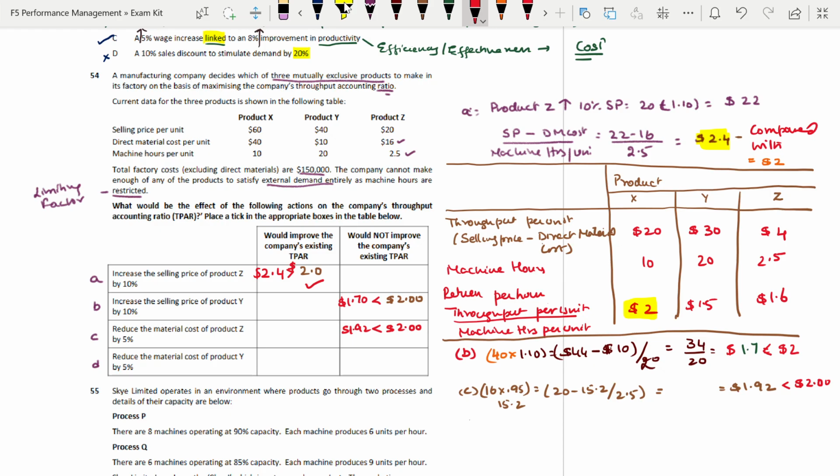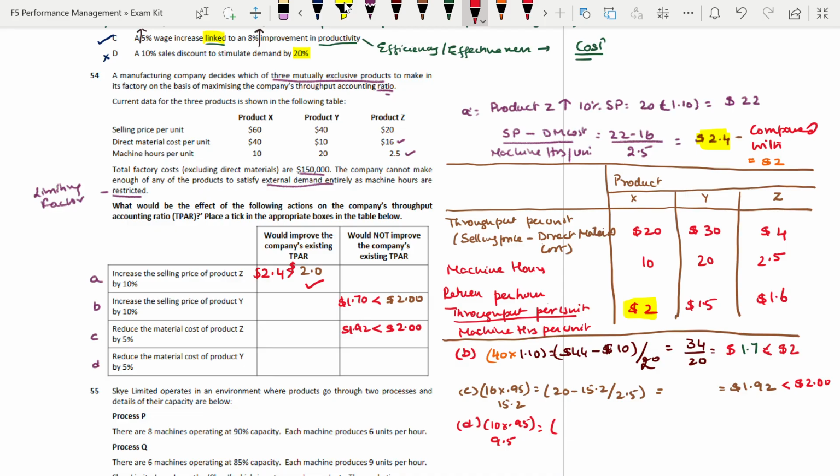Now what is question D? Reduce the material cost of product Y by 5%. The material cost of product Y is 10 into 0.95, which comes to 9.5.